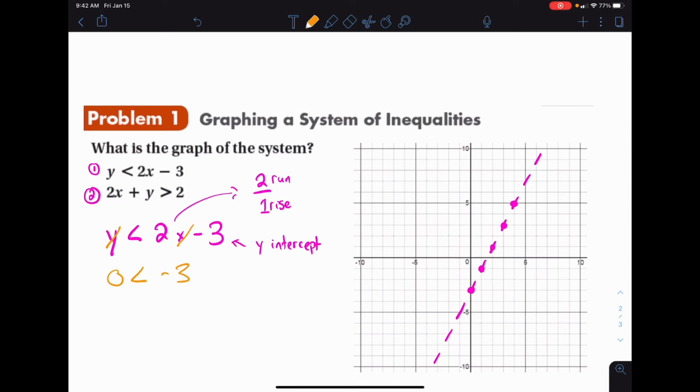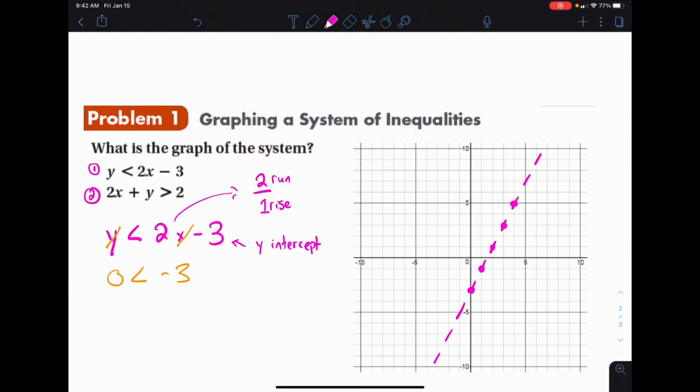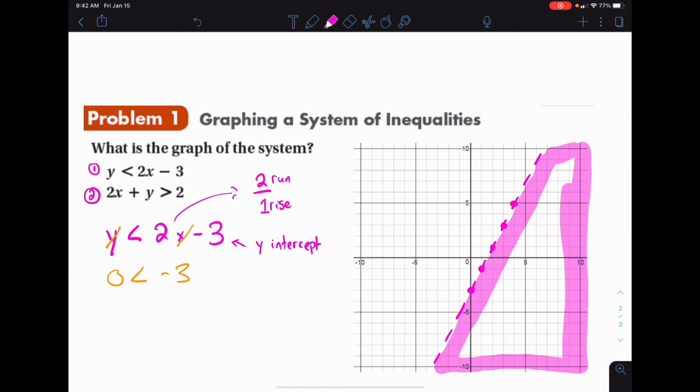And of course, that doesn't work at all. So we're going to fill the false side of it, which is this side over here. It's not perfect, but you guys get the idea. I'll do it as quickly as I can. I'm going to fully shade in the false side of my line.